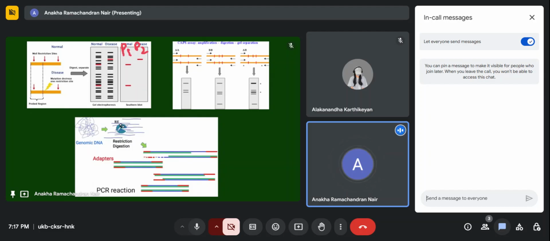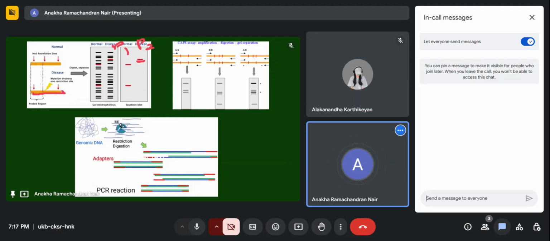If it was normal, you will get two bands like you're seeing here, and since this was removed, you're getting a single band here, right? So you get only one band in plant 2 and two bands in plant 1. So it is telling you that there is a change in the nucleotide sequence somewhere in plant 2, because of which you can see a difference in bands, right?